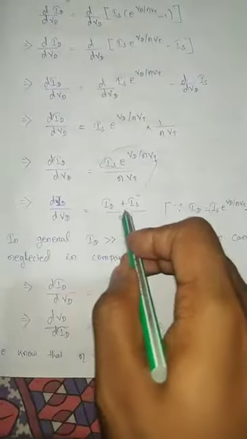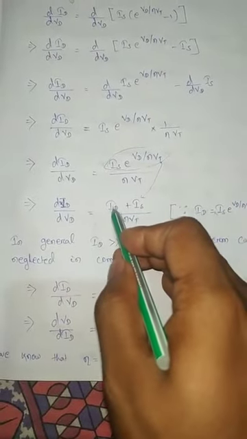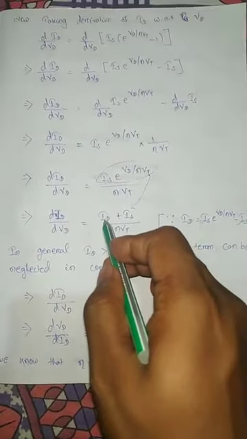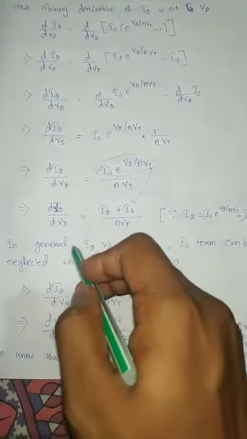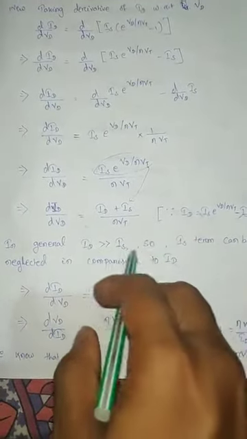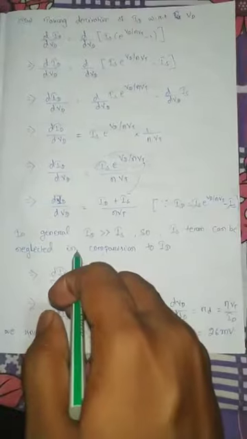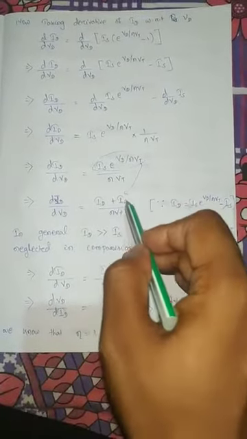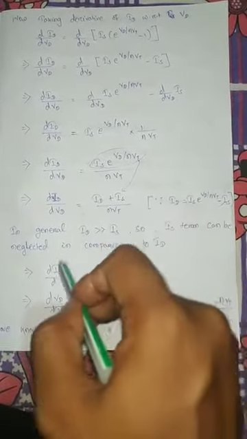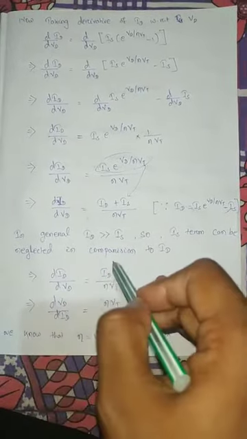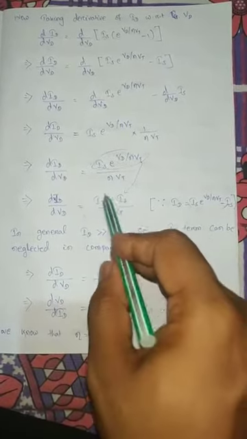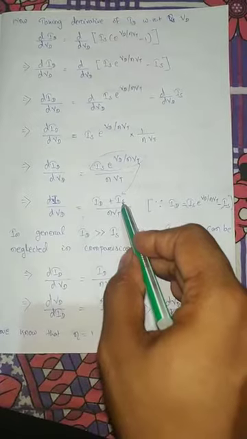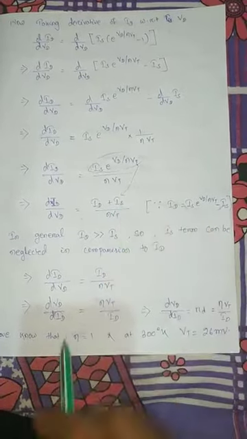As you know, Is is the reverse saturation current and Id is the diode current in forward bias condition. In general Id is much greater than Is, so the Is term can be neglected in comparison to Id. So dId/dVd equals Id divided by eta Vt.